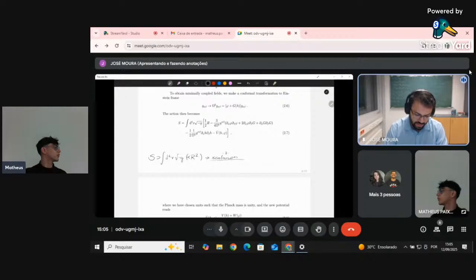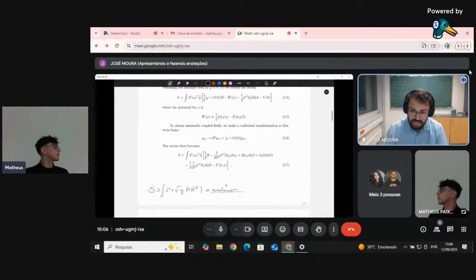The scalaron is a scalar field that appears because R square involves fourth order derivatives in the metric. Since the metric supposedly is the graviton field, you get this additional scalar field to account for this additional degree of freedom that you get from the fourth order derivative.